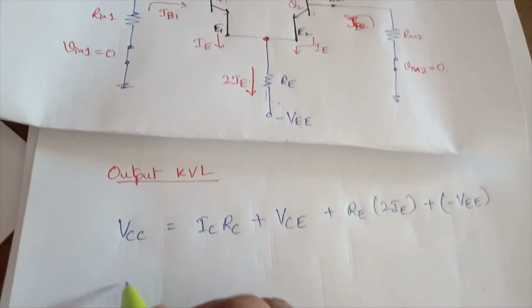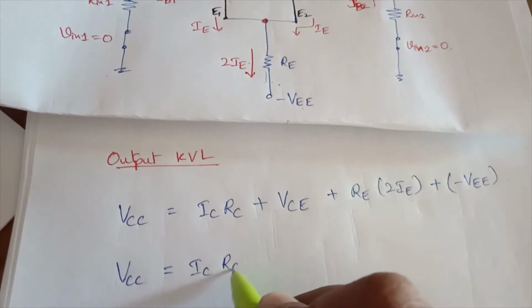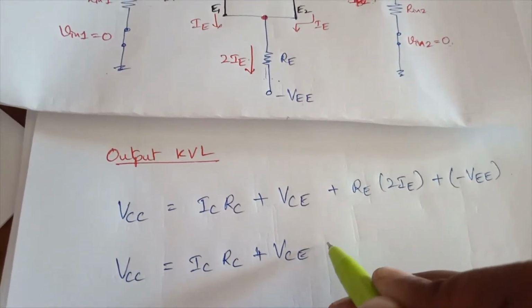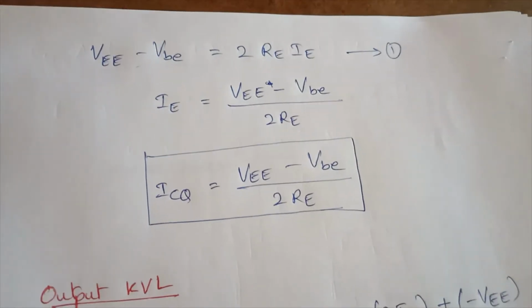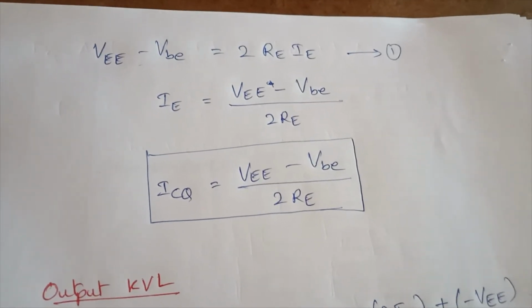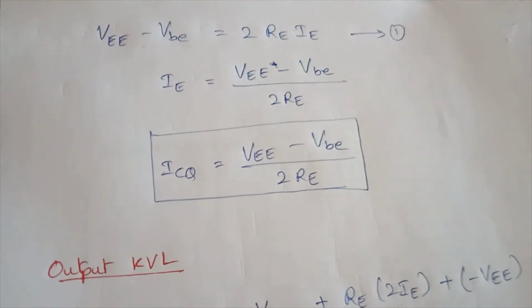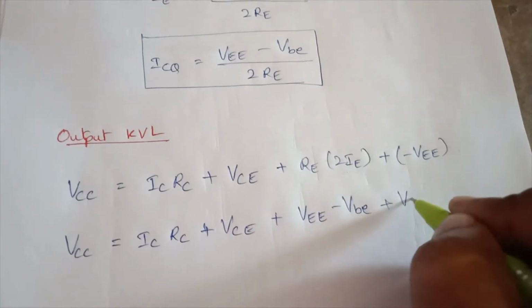Simplify this equation. VCC is equal to ICRC plus VCE plus 2IE RE. What is the 2IE RE value from equation 1? From equation 1, 2RE IE value is VEE minus VBE, and this is plus VEE.